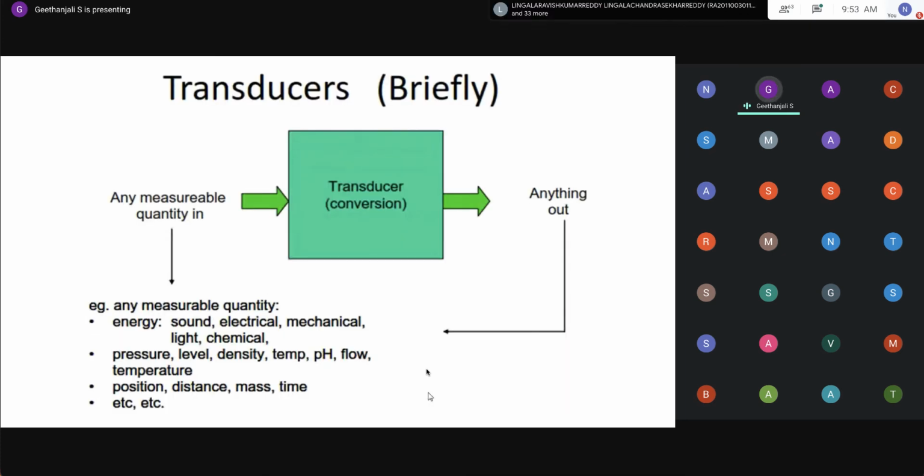Briefly, a transducer is explained by this diagram. The transducer does the conversion from one form of energy to another form of energy.